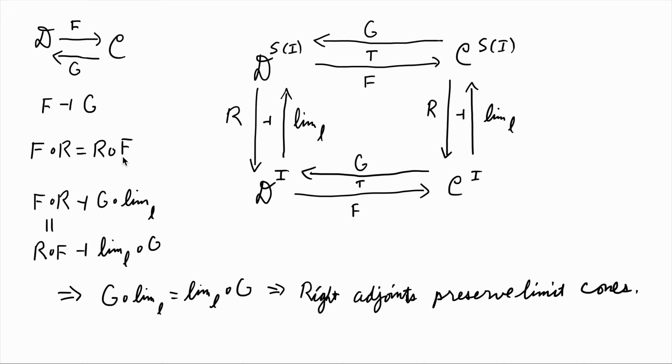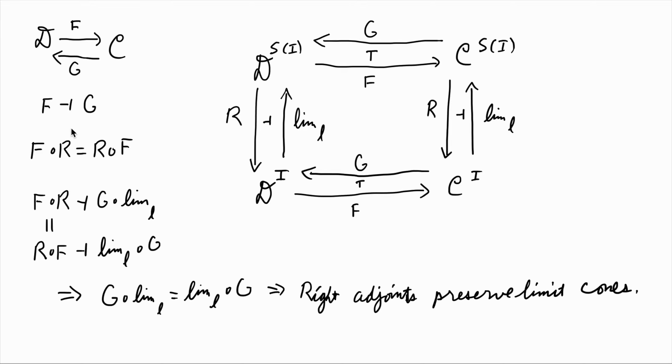So what are we plugging in here to R? Suppose we're plugging in something of shape SI, so imagine we plugged in something of shape SI over here. If we plug something of shape SI over here, we're going to output something of shape SI from this functor F, but then what is R going to do? It's going to take us back, or kind of eliminate the summit. And you'll see that these functors actually give you the exact same thing.